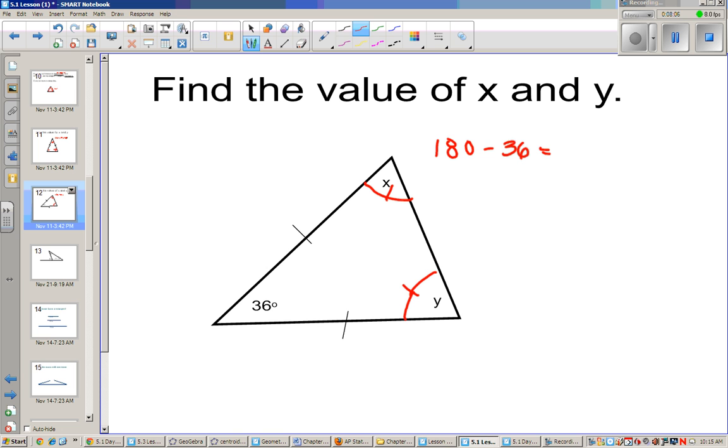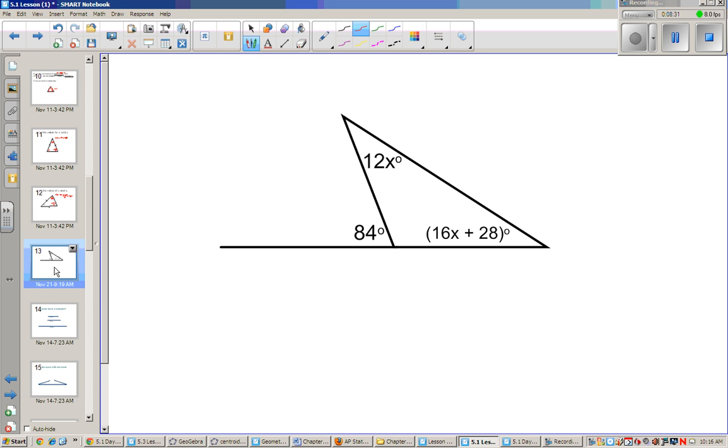So 180 minus 36 leaves me with a possibility of the other two angles having to add to 144 degrees. Well, since we know they're equal, we have to divide that 144 degrees into two angles. So we're divided by 2. That means each angle has to equal 72 degrees. So again, the fact that it's isosceles really helps us know that we can find those two angles.